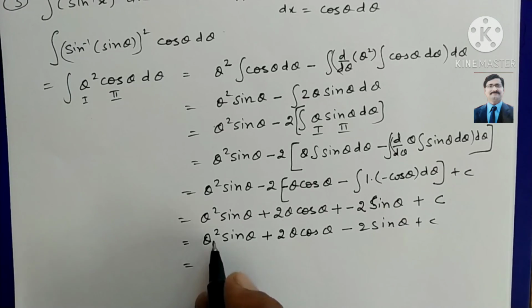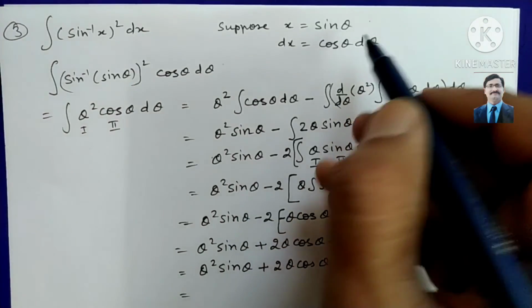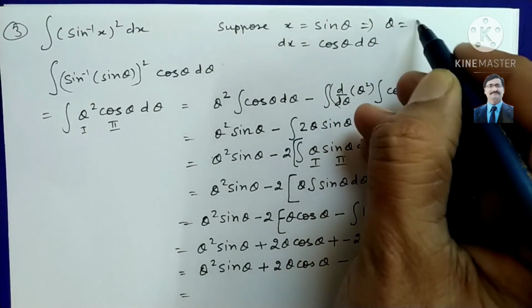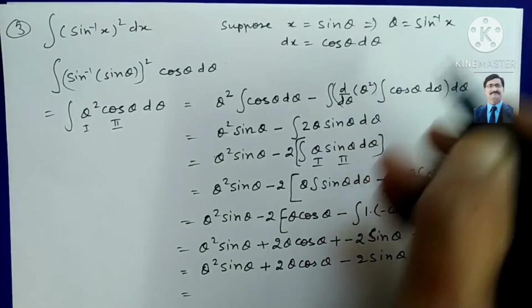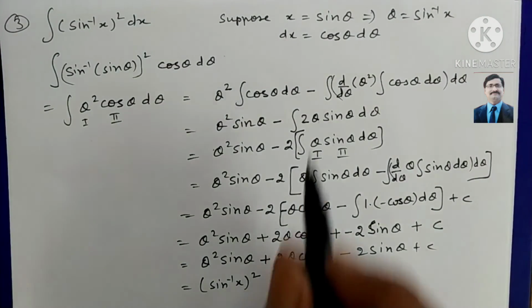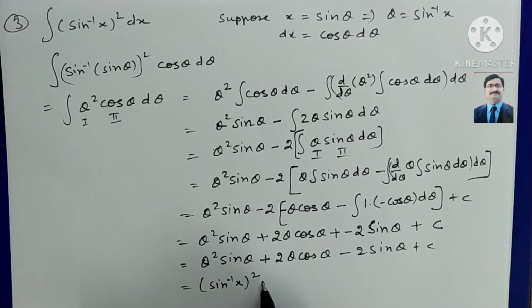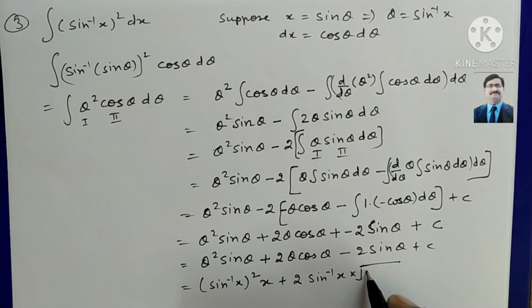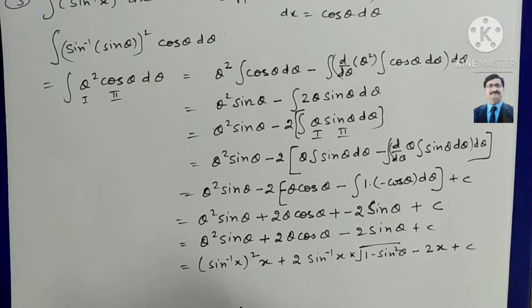This theta, look here, in place of theta we can write theta equal to sine inverse x. Okay, so in place of theta we can write sine inverse x whole square, and in place of sine theta we can write x, plus 2 theta means again sine inverse x, and in place of cos theta we can write root 1 minus sine square theta, and minus 2, this is x, and plus c we can write.